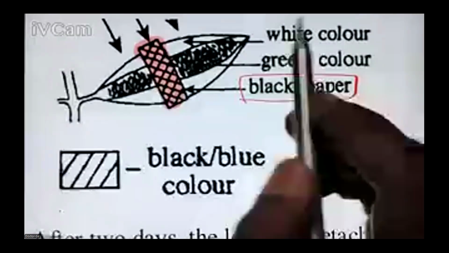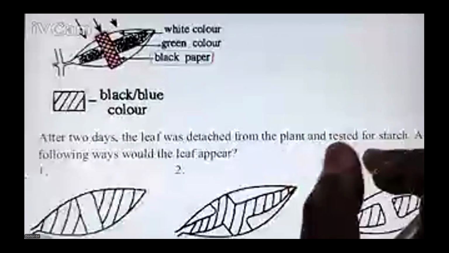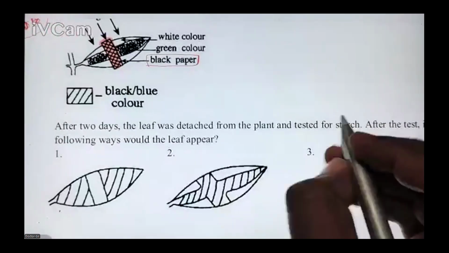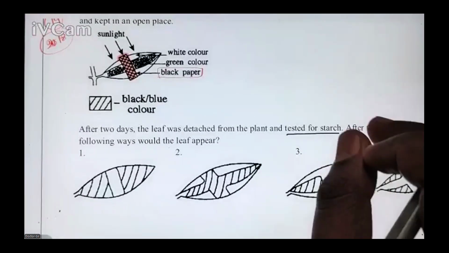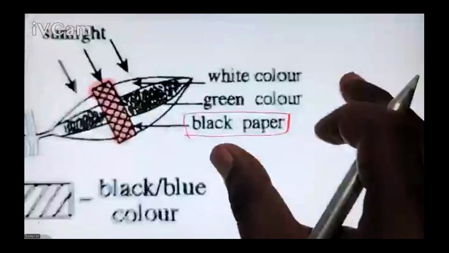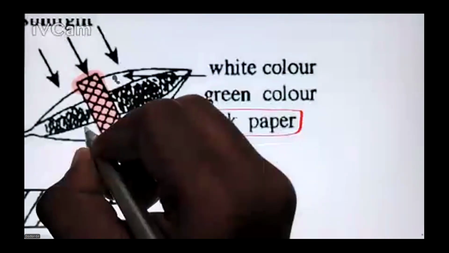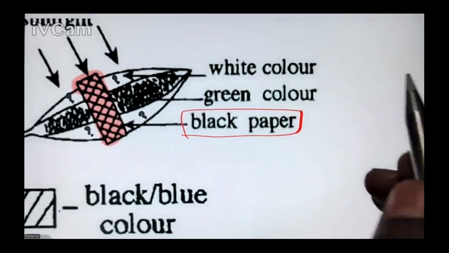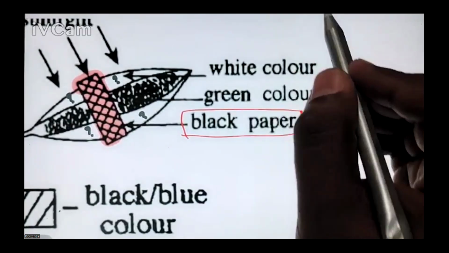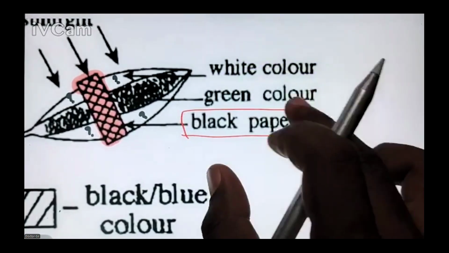Then after 2 days, the leaf is detached from the plant and tested for starch. They are performing the starch test. Now tell me, does this white color area have chlorophyll? No, that's why it appears white. So the white color area doesn't have chlorophyll.